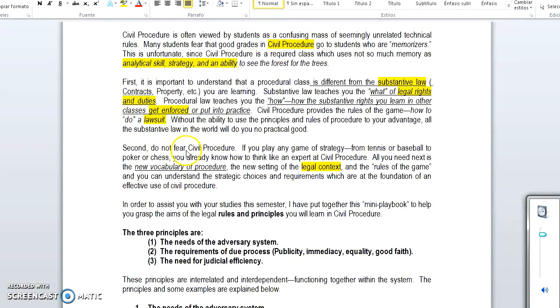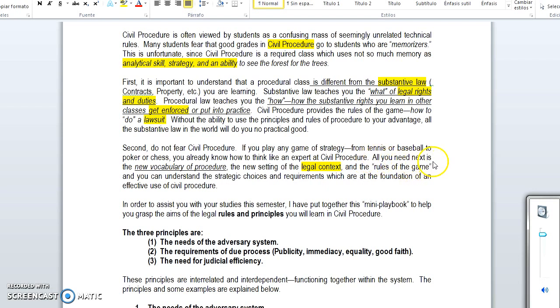Second, do not fear civil procedure. If you play any game of strategy, from tennis or baseball to poker or chess, you already know how to think like an expert at civil procedure.